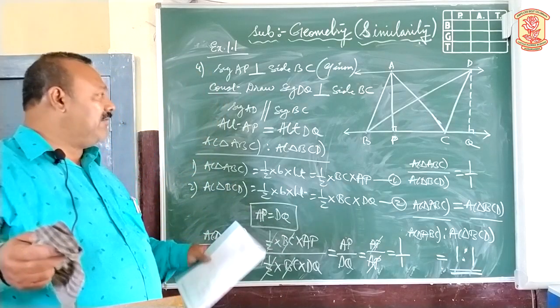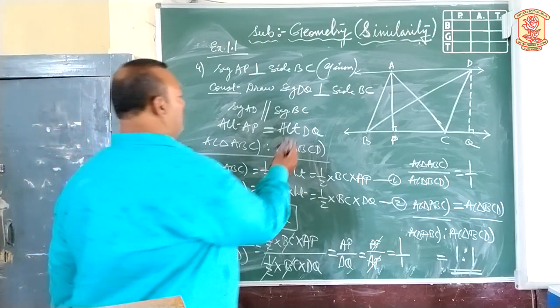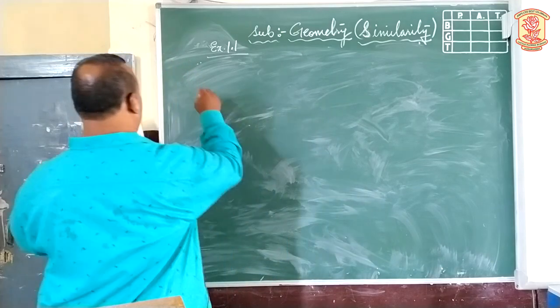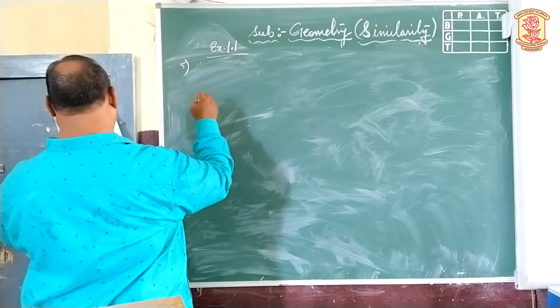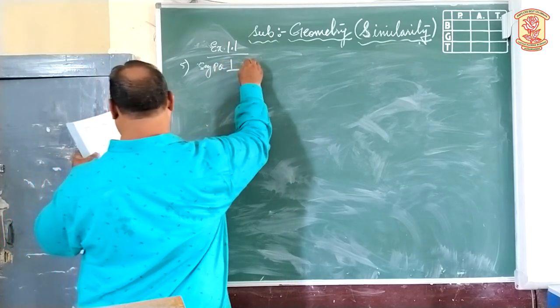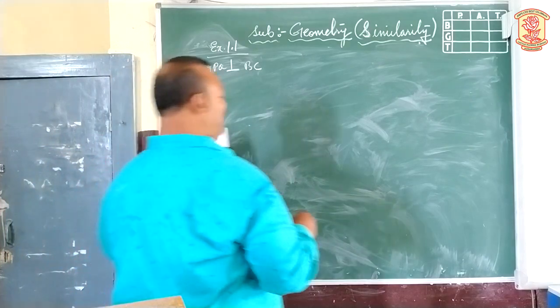Now proceed to question number 5. In the adjoining figure, segment PQ is perpendicular to side BC. Now refer to the figure.